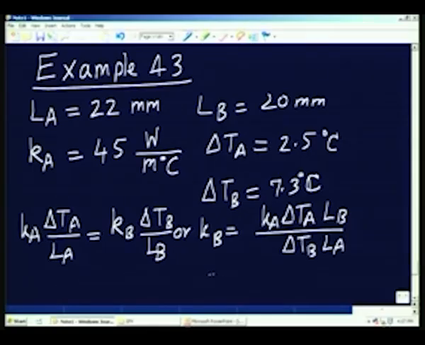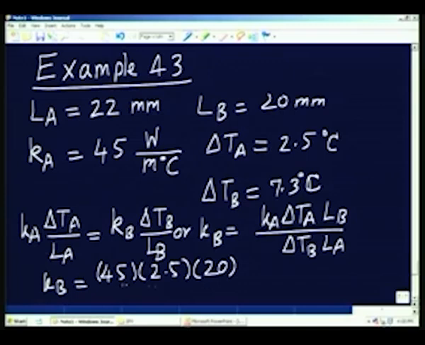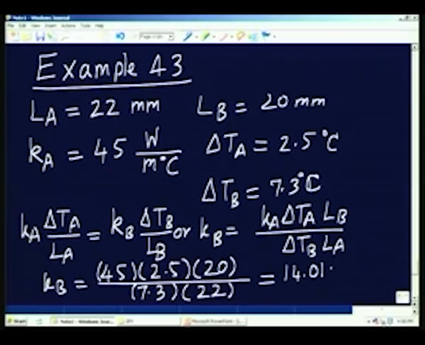All I have to do is to substitute the values. So therefore Kb equal to 45 into 2.5 into Lb is 20 divided by 7.3 into 22. So this will give you a value of 14.01 watts per meter degree Celsius.